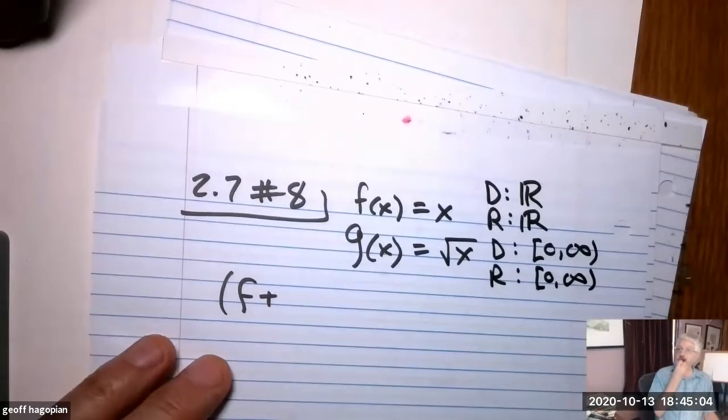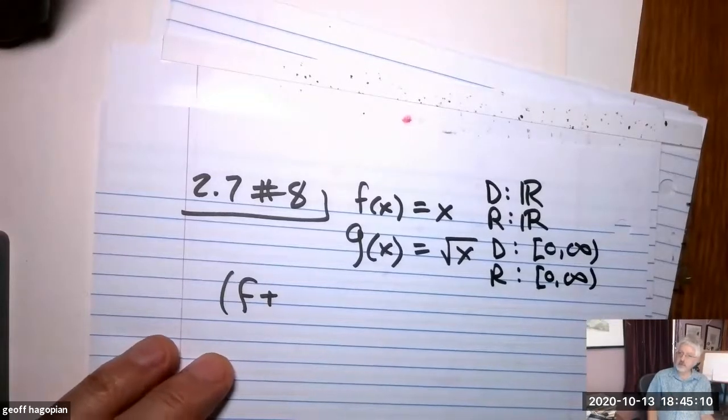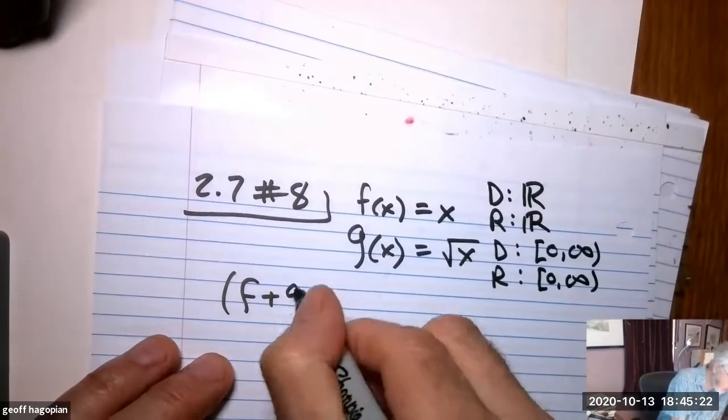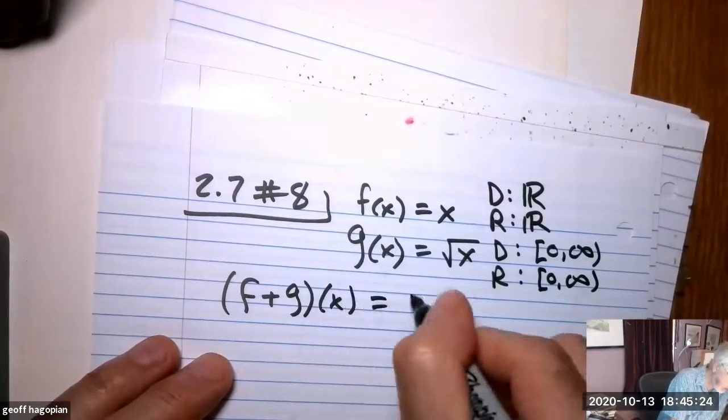Because we're taking the positive square root, the output has got to be positive. So the smallest the input can be is 0, and that's also the smallest the output can be. But the output can be as large as you like. Take a number large enough, you can make the square root as large as you like. So f plus g of x, that's just going to be x plus root x.